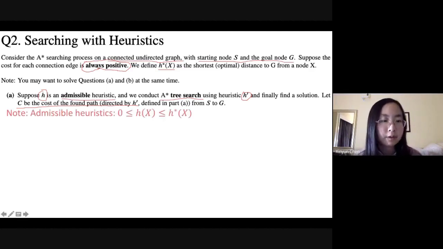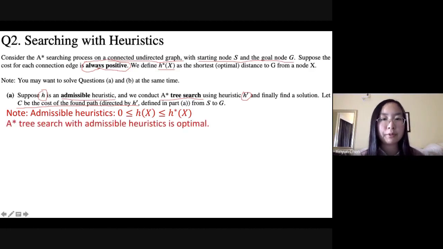Before we go into the details of the subproblems, let's first review some key definitions and properties of admissible heuristics. From the course, we know that an admissible heuristic should always be no greater than the optimal heuristic we can get. So it means that H is always not greater than H star. And an important property is that A-star tree search with admissible heuristics is optimal.